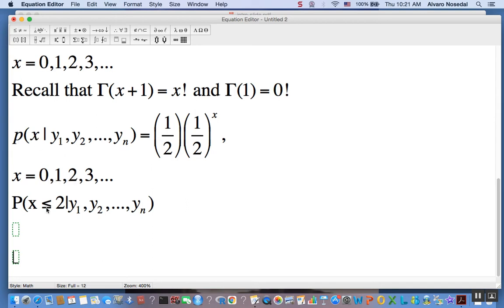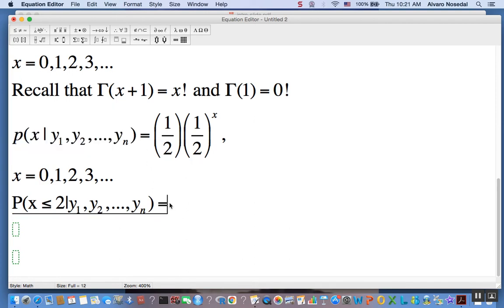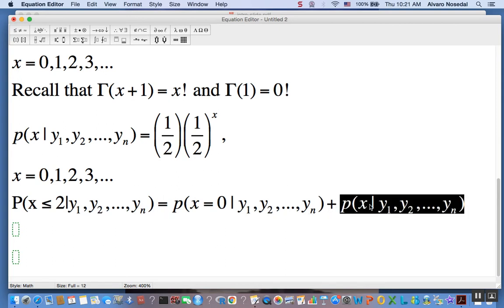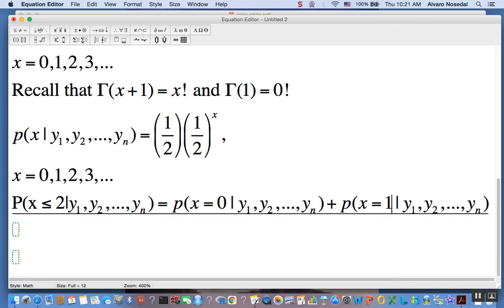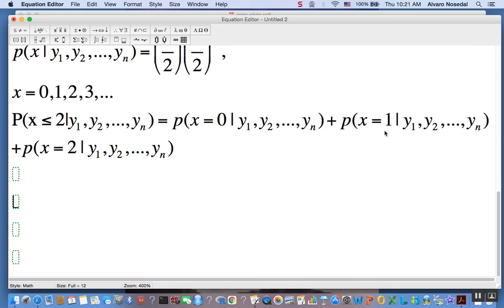That is going to give us the probability that we're looking for, right? So that's going to be the same as this evaluated at 0, plus you evaluate at 1, plus you evaluate at 2. Make sense?